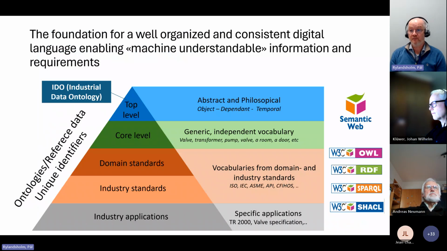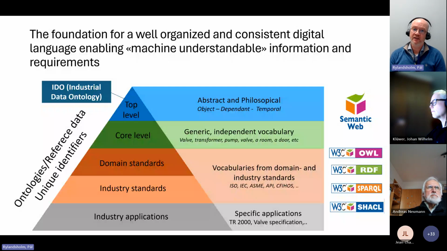So, what is IDO? From a very high level, it can be seen as the foundation for a well-organized and consistent digital language for enabling machine-understandable information and requirements in industries and throughout the industrial supply chains.